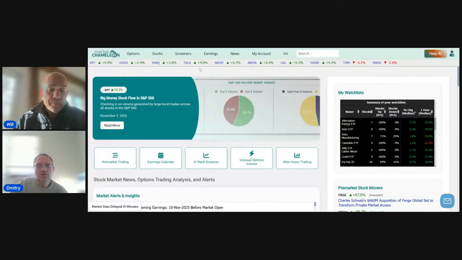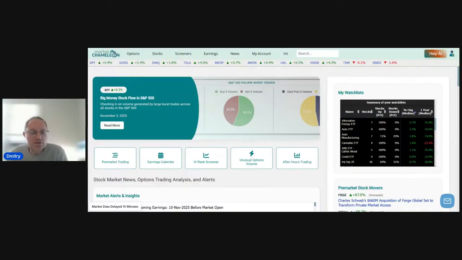All right. So for today, what we'll talk about is looking at the option volume and different ways that we could break it down and get kind of a different perspective of what the trading activity looks like.